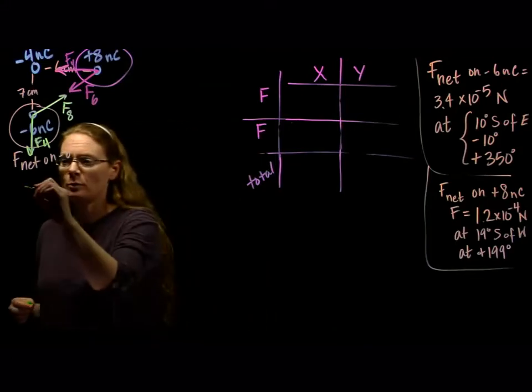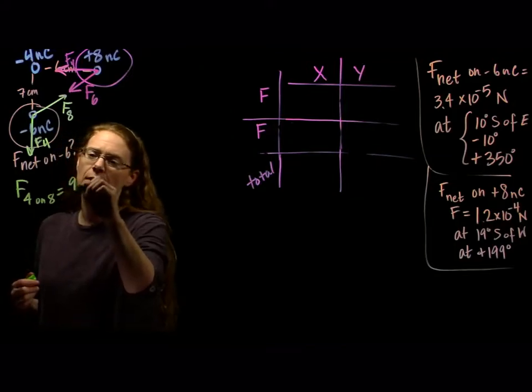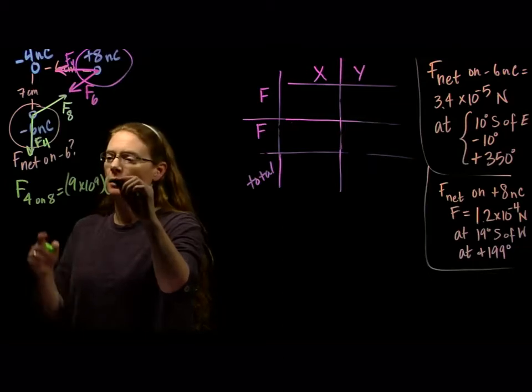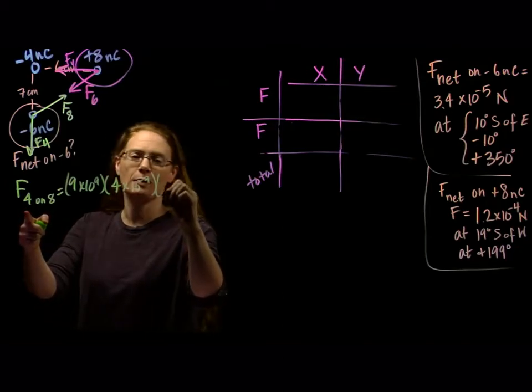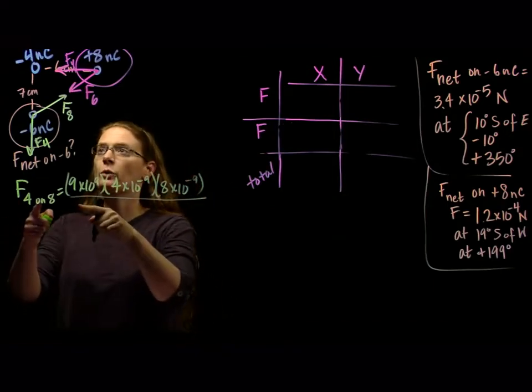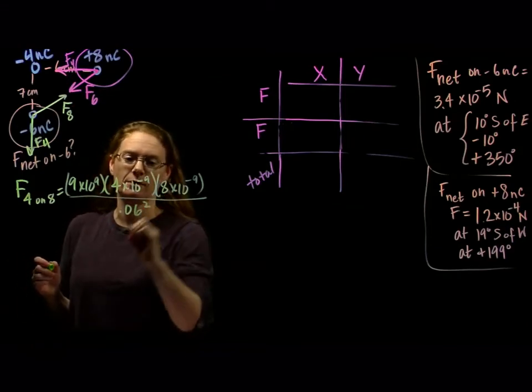We're going to use Coulomb's law. So the force of the 4 on the 8 is going to be 9 times 10 to the 9, that's our K constant. And now the two charges, 4 nanocoulombs times 8 nanocoulombs over the distance between them, that's the 6 centimeters. Convert to meters, don't forget to square it.